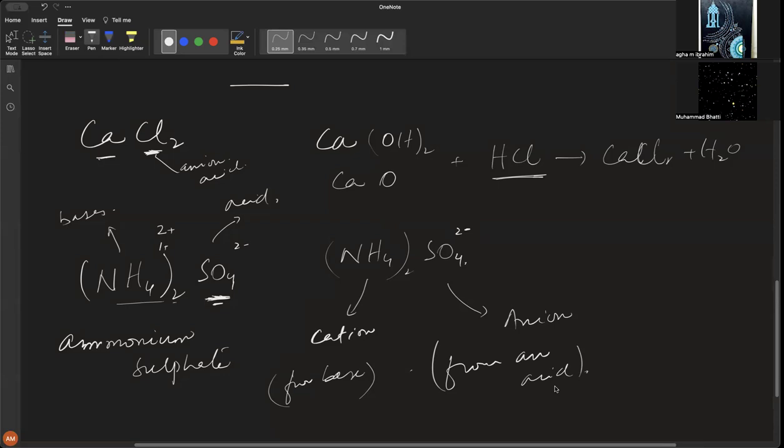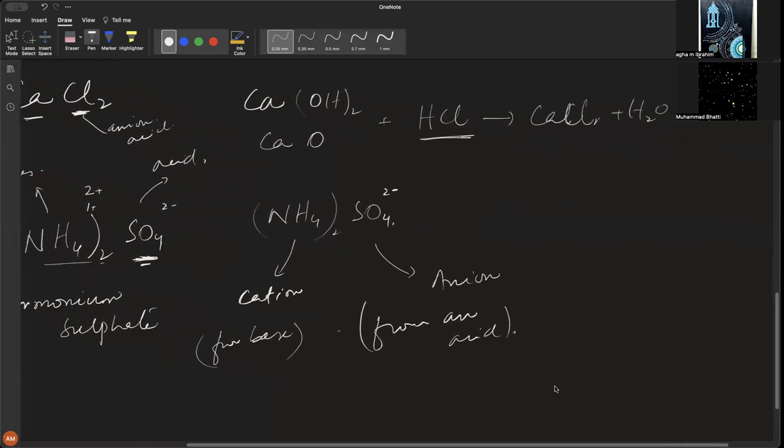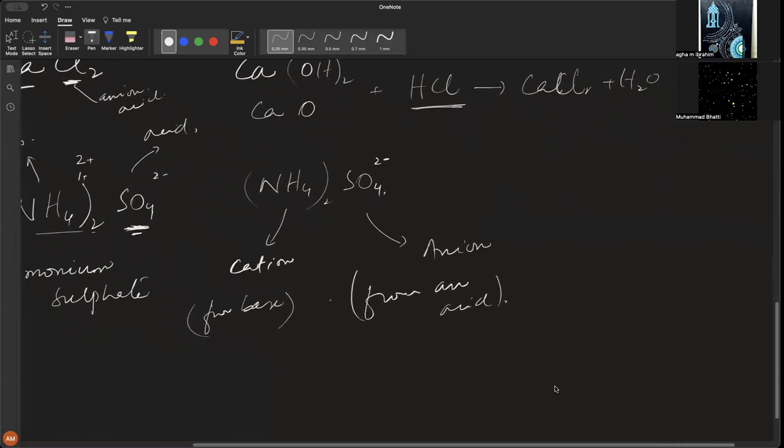So what type of acid is it going to be, with which the base has reacted to give ammonium sulfate? So we know the acid for sure is going to be H2SO4, the acid which has given this ammonium sulfate and water.